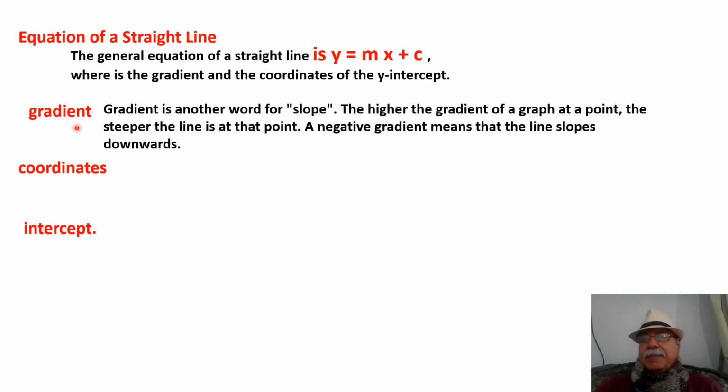Sometimes it becomes negative, sometimes positive. If it is negative, it comes down, sloping downward. But if it is positive, it goes up. That is the line slope.